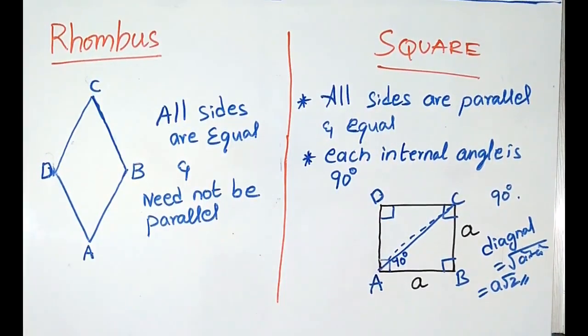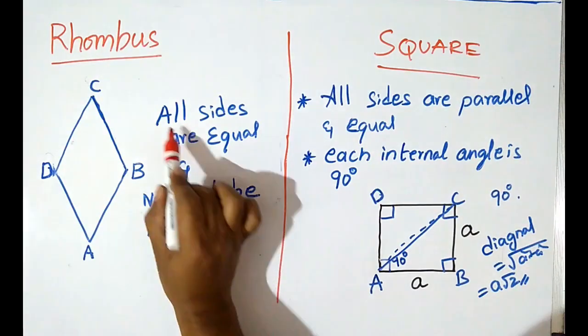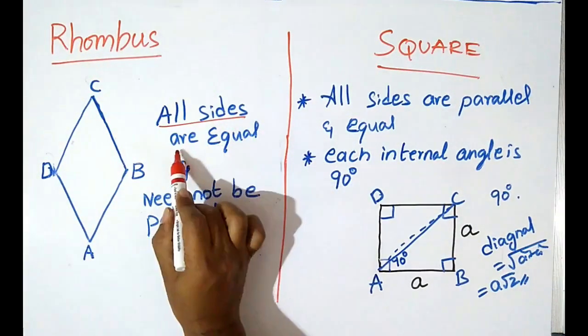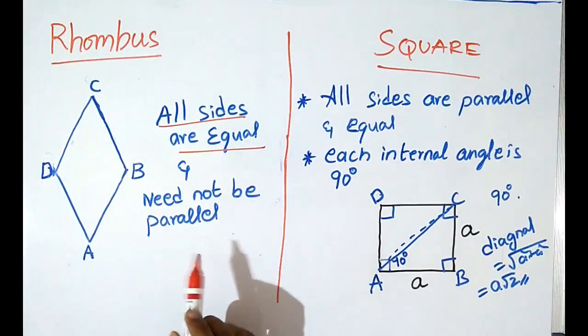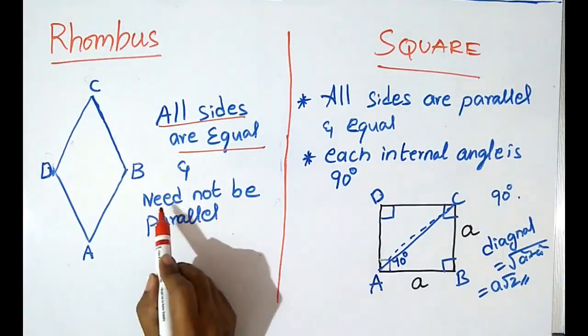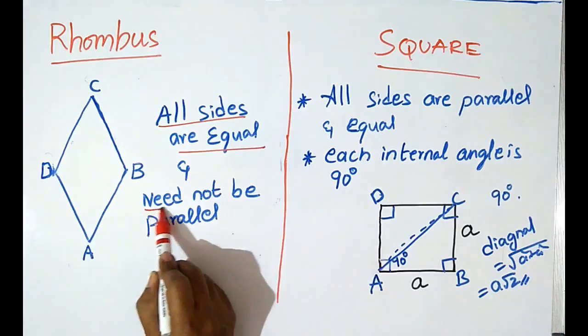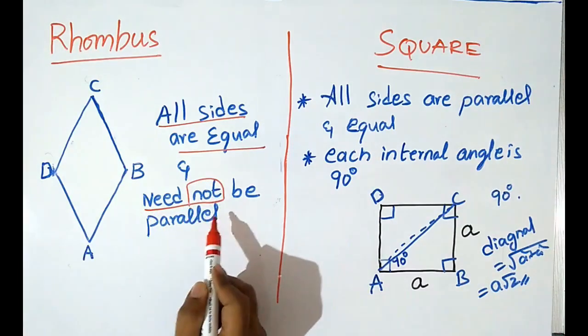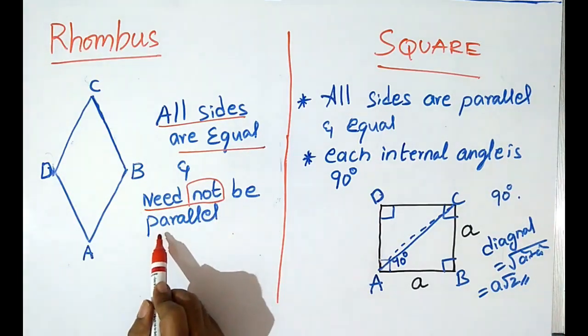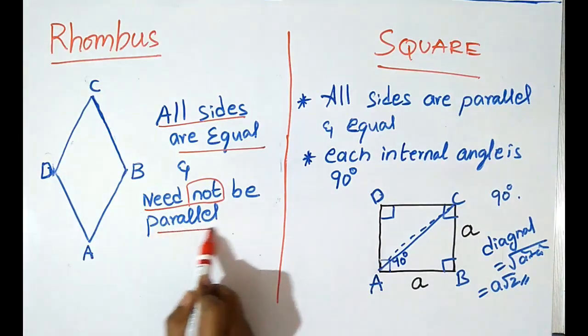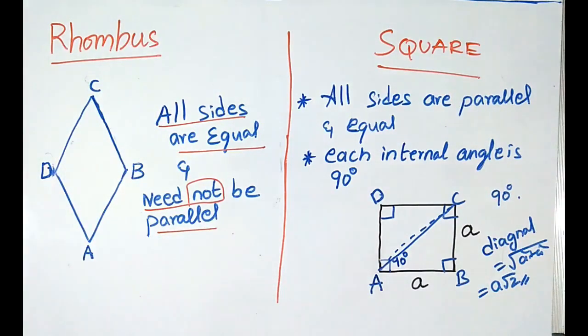In rhombus, if we compare with the square, all sides are equal, and these sides need not, it's not compulsory or mandatory to be parallel.